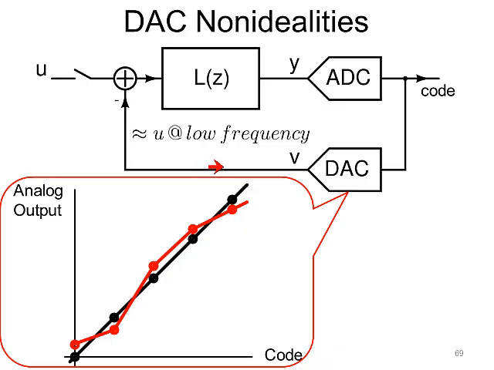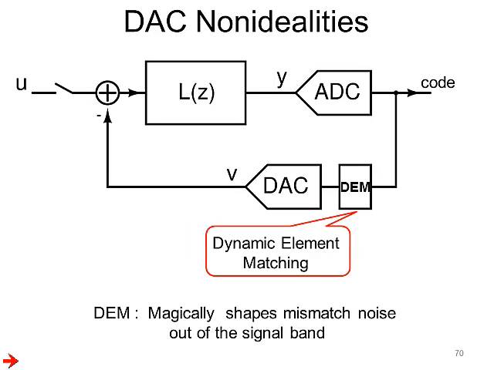However, because of the nonlinear characteristic of the DAC, it follows that the digital input code must be nonlinearly related to the input, thereby causing a degradation of data converter performance. So to prevent this, a commonly used technique is what is called dynamic element matching. And for our purposes, we'll just imagine it to be some kind of magic box that shapes mismatched noise outside the signal band.